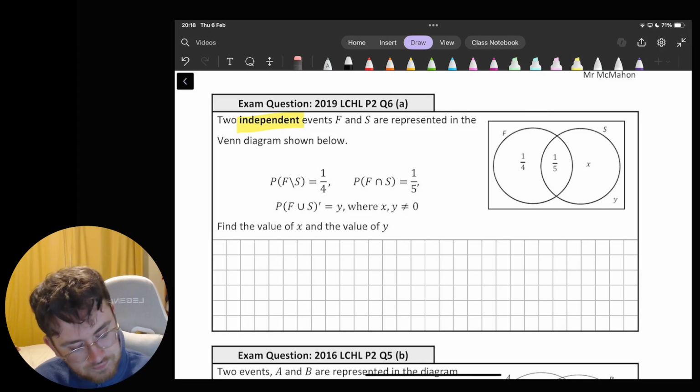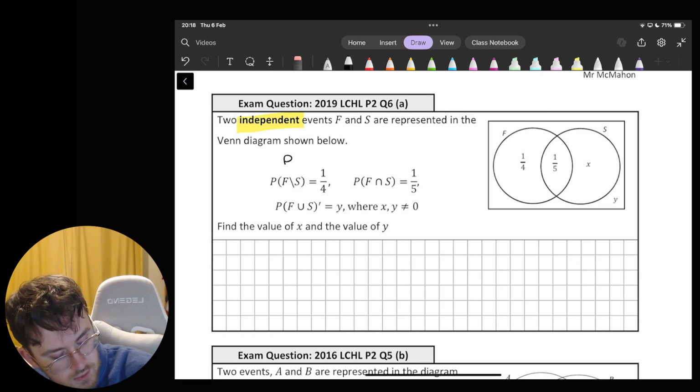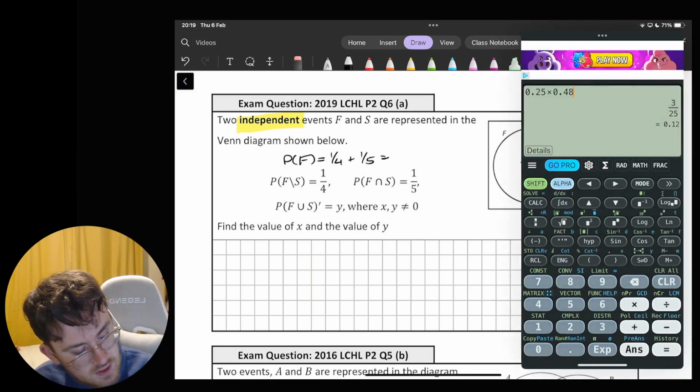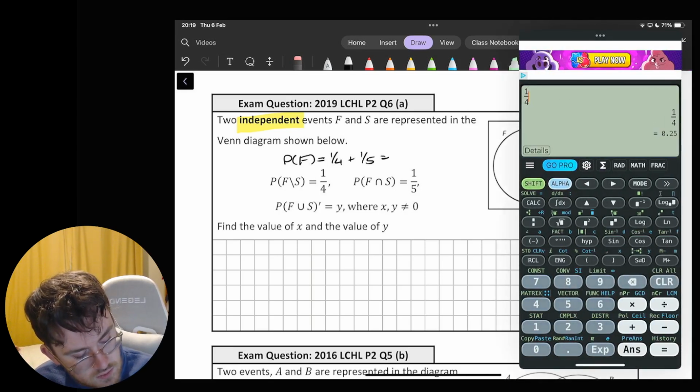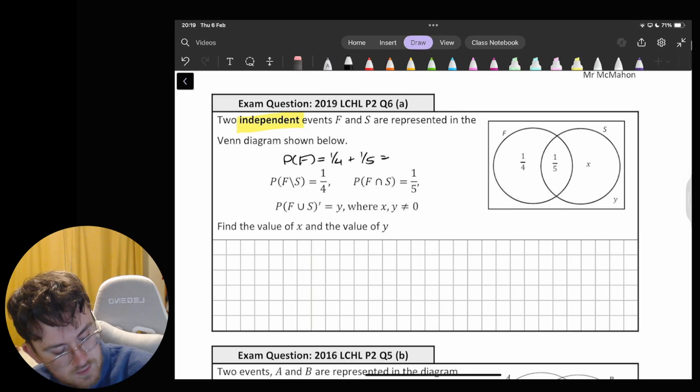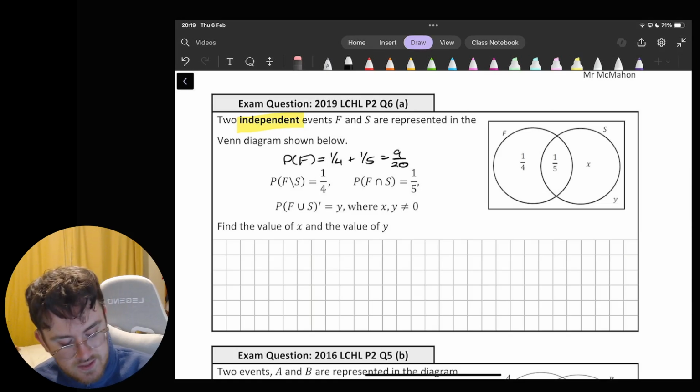Okay. So I can work out that the probability of F altogether is 1/4 plus the 1/5 in the center here, because that's the entire circle, 9/20. Okay, we're told they're independent events.